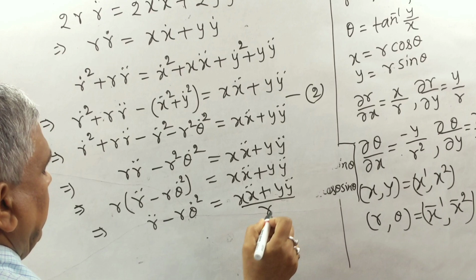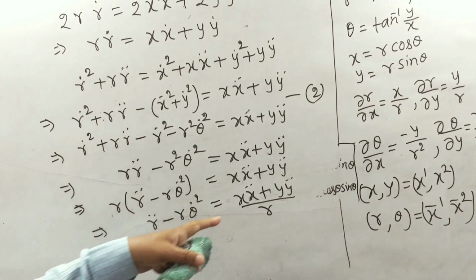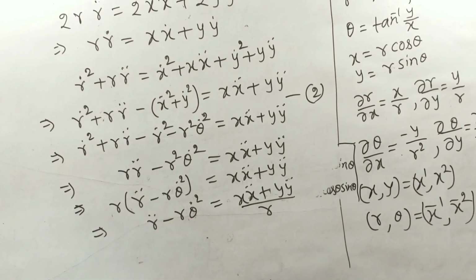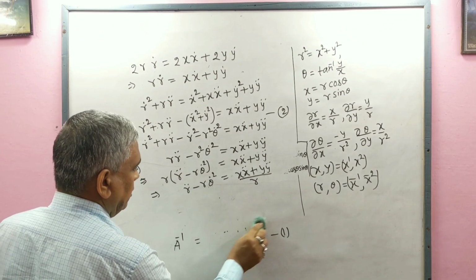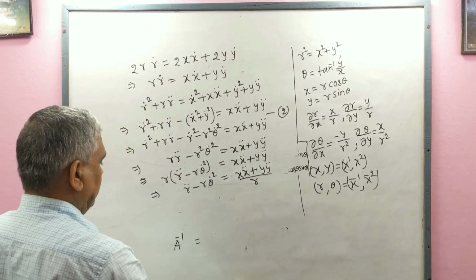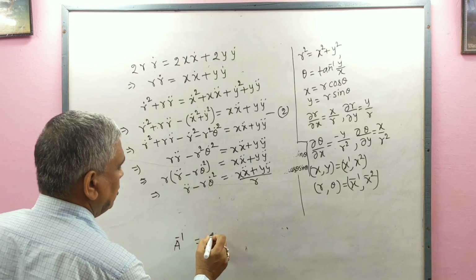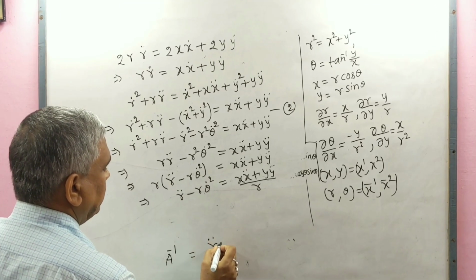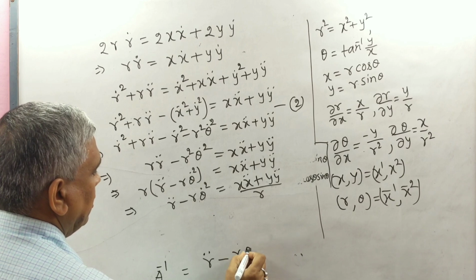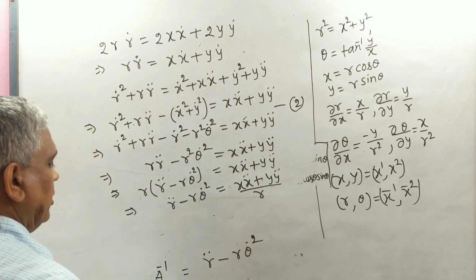Putting this result in equation 1 we get a bar 1 equal to r double dot minus r theta dot square.